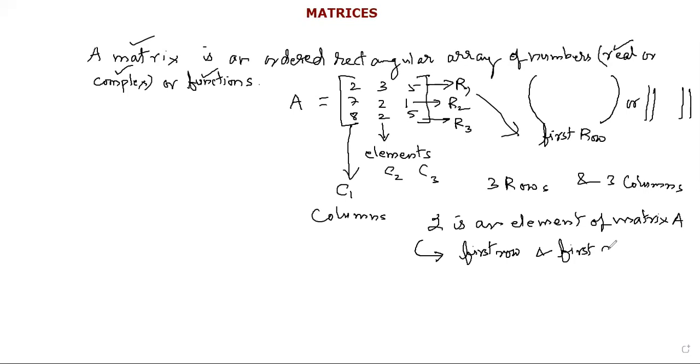First row and first column. Okay. So like this, the position of an element, this 5, what is the position of this 5? 5 is in the third row and third column.